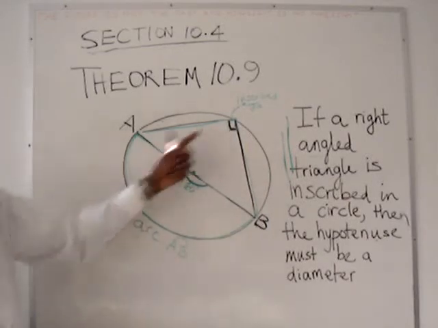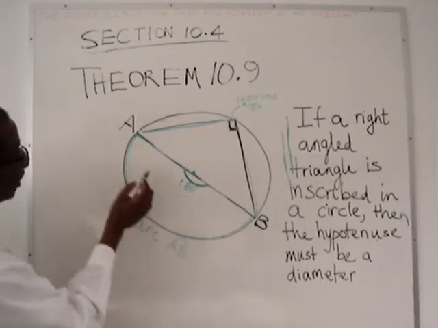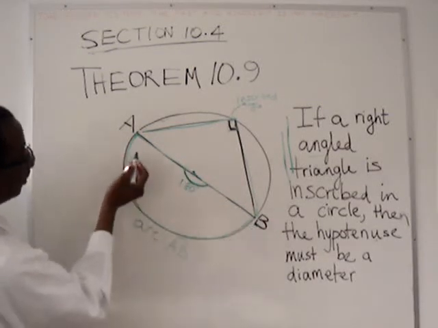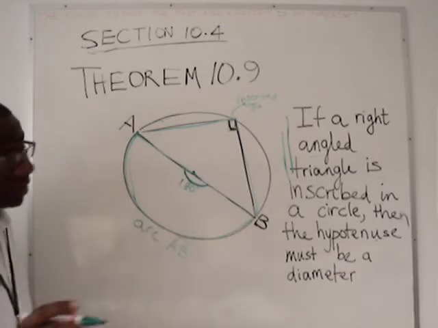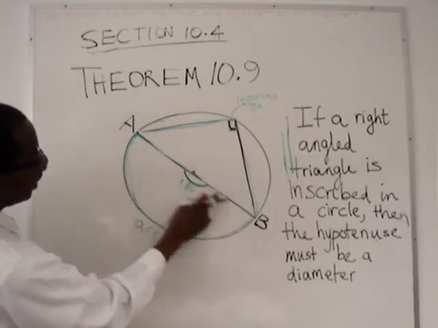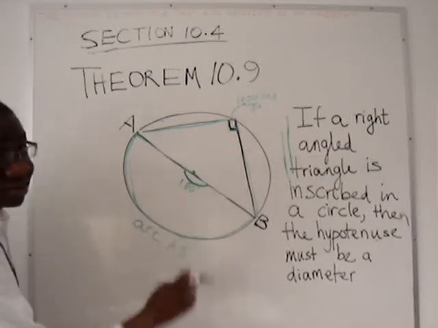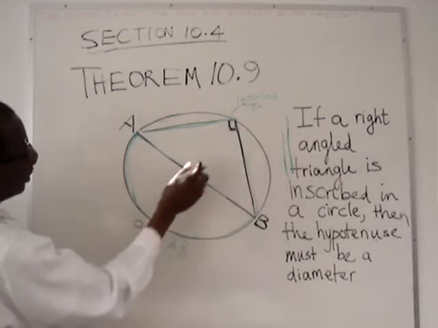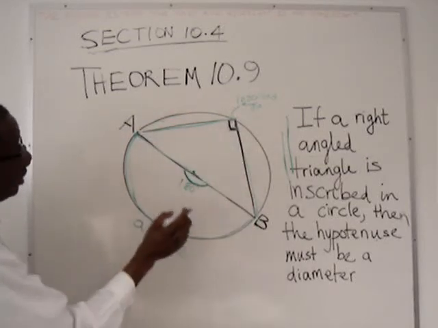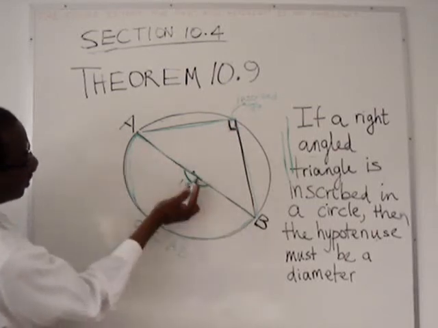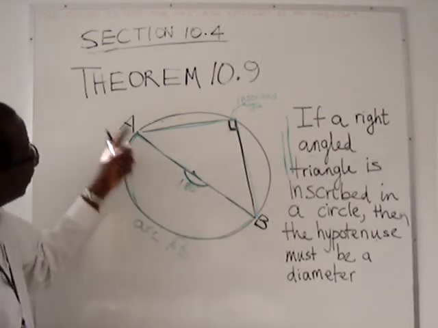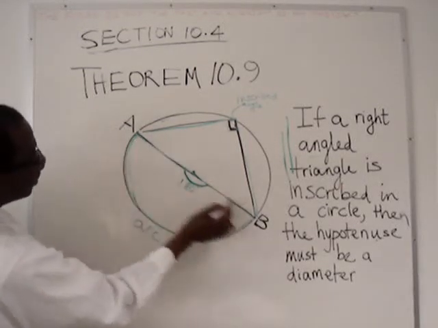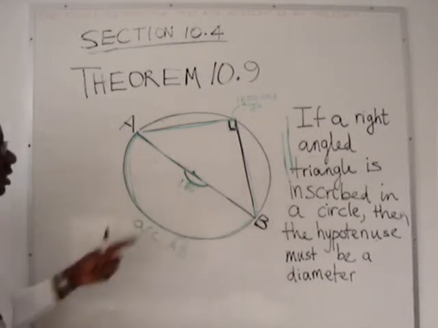So if it's a right angle, it means that the angle at the center for the same arc AB, from theorem 10.7, which says the angle at the center must be twice the inscribed angle at the edge of the circle, must be twice this. It means the angle at the center must be 180. And if it's 180, then it must be a diameter, because it's a straight line.